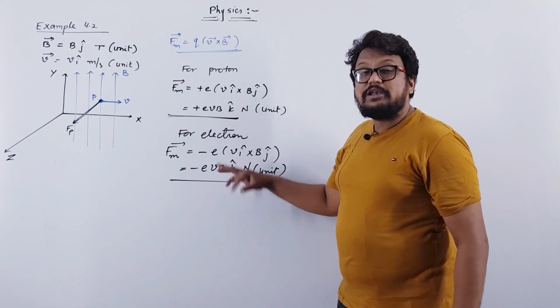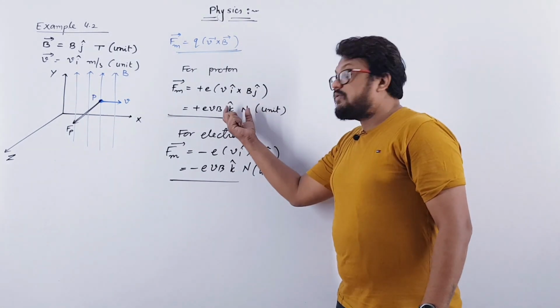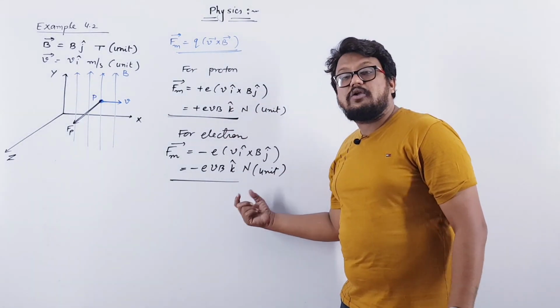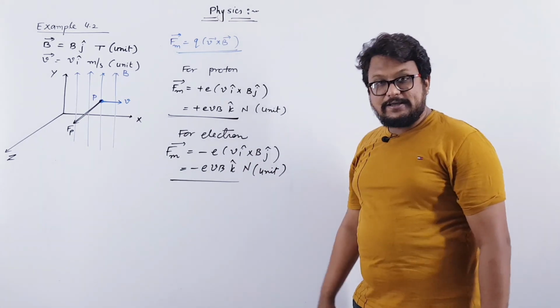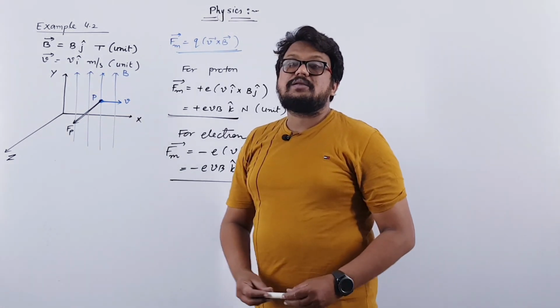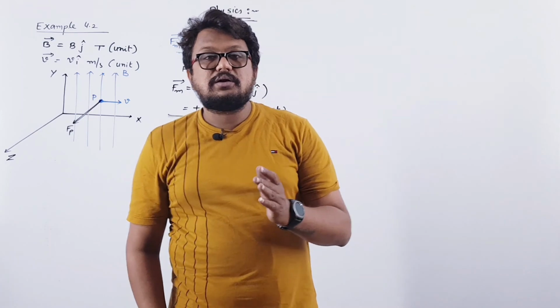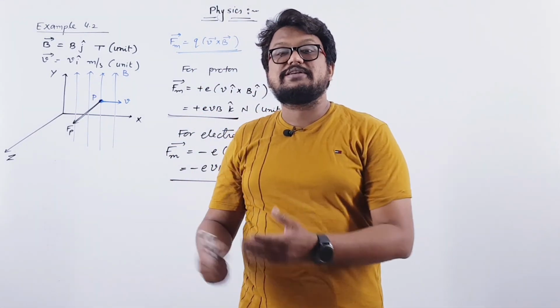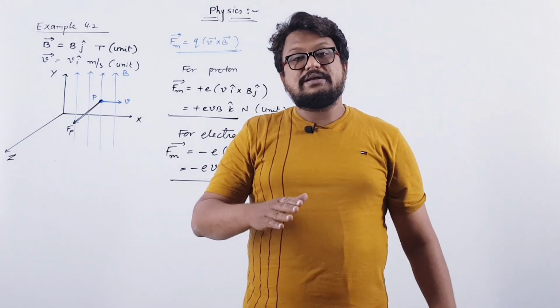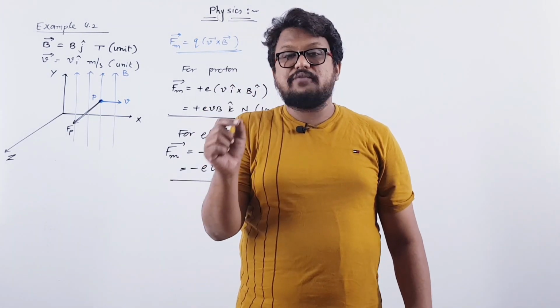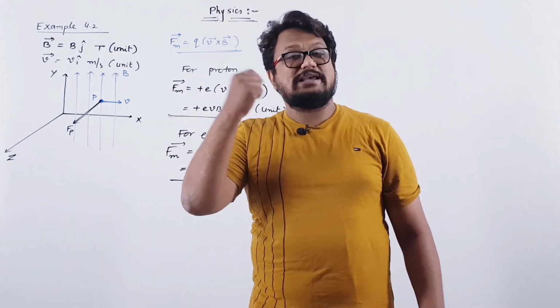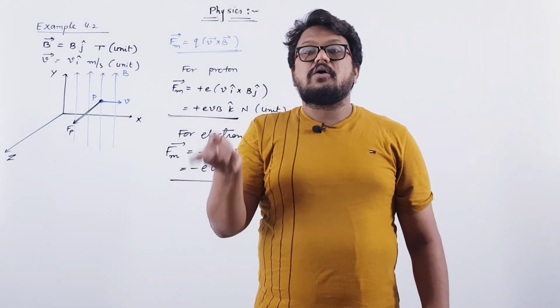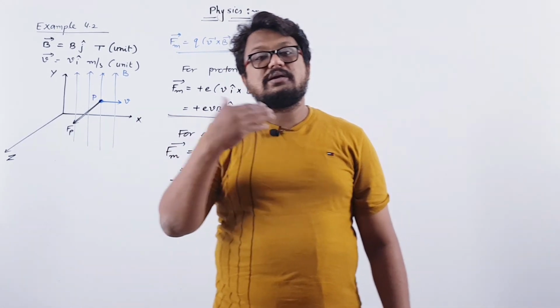Both are equal in magnitude, but one is along positive Z axis while the other is along negative Z axis. Clear?